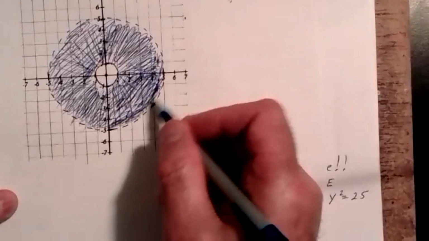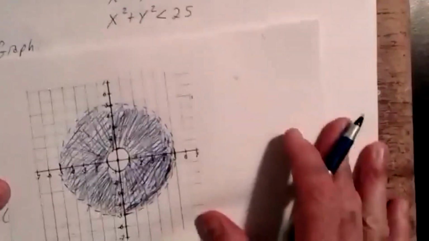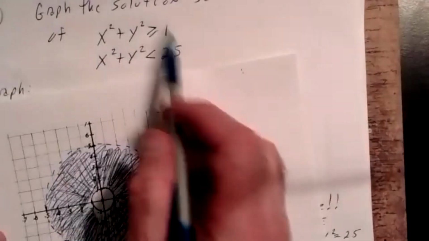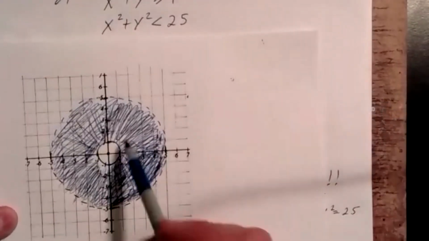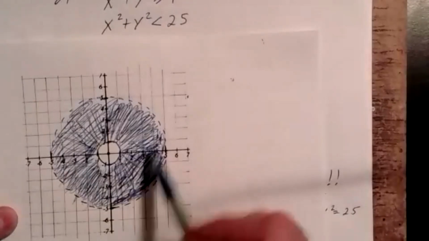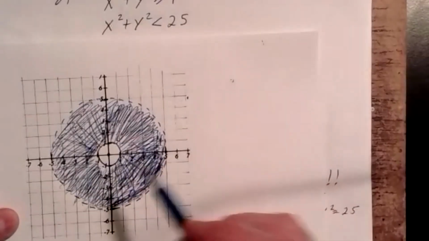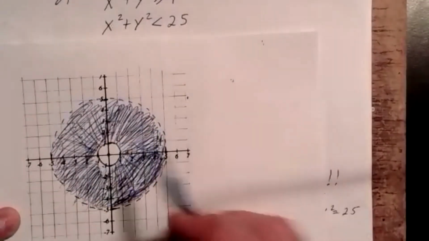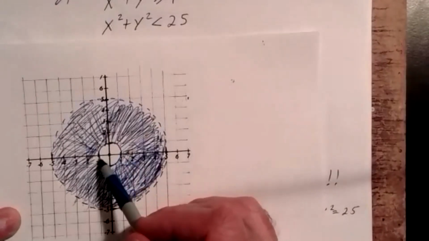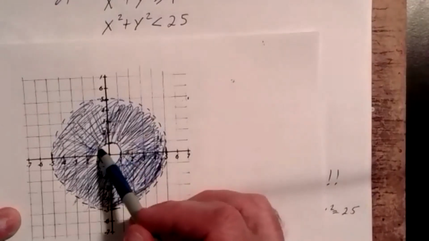So the graph of the solution set of this system of two inequalities and two unknowns is going to be any point that lies in between the circles. Would that include an ordered pair or point that actually lies on the inner solid circle's boundary? What do you think?